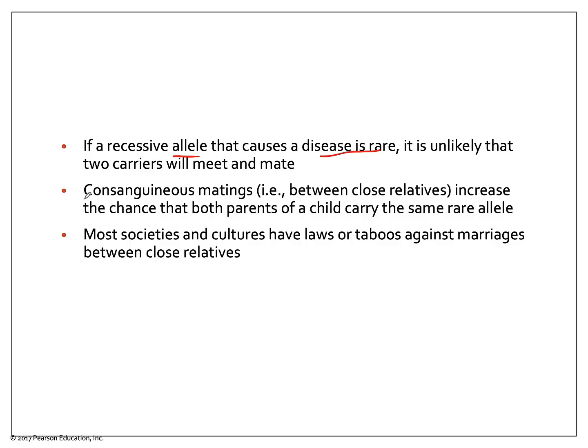Consanguineous matings, so con means close blood matings. This would be matings between very close family members. Those tend to increase the chance of carriers meeting with other carriers and carrying the same rare alleles. In our society, we call this incest, and we have taboos and laws against marriage of close relatives.